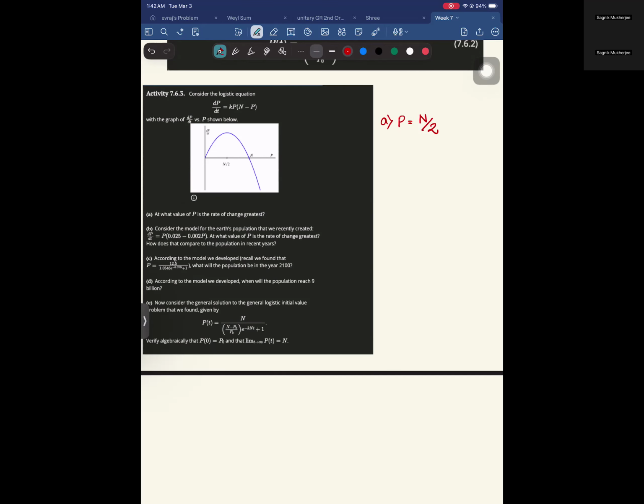Okay, now let's do number B. Now they're giving a very particular logistic differential equation, which is supposed to model Earth's population.